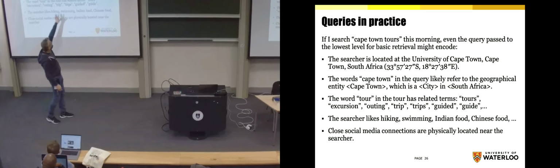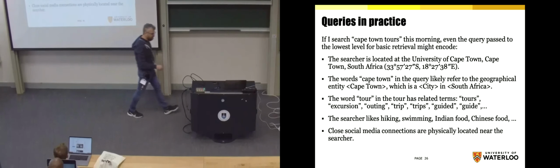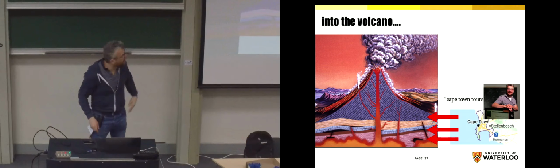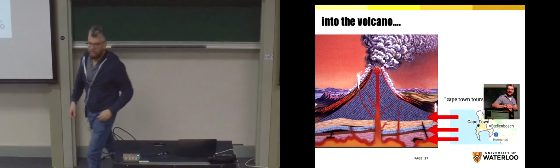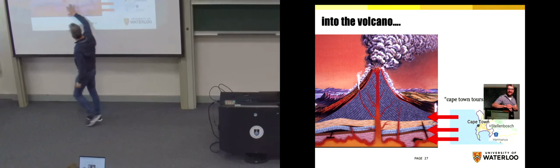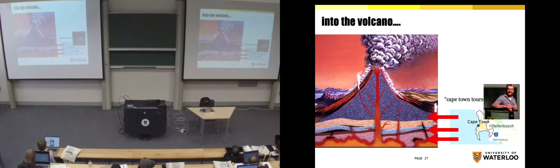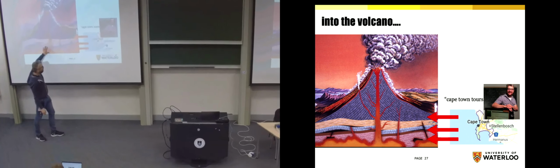Okay, so all this stuff goes into the query, and it all gets stuffed in right at the bottom of that vault, at the lowest level. All that is expressible in a query that can be solved with an inverted index, okay? That's the very low level of what happens here.